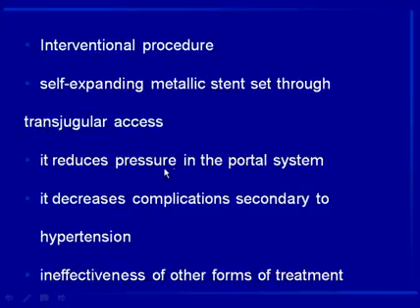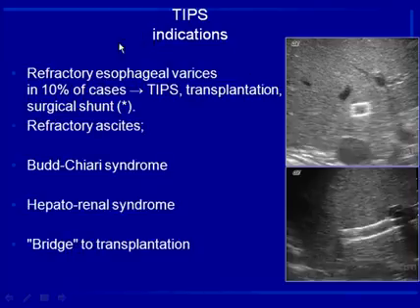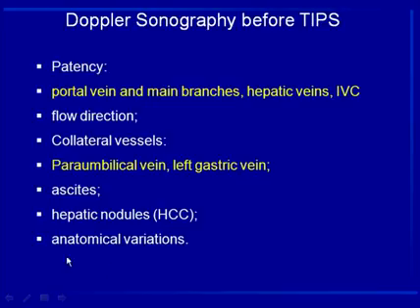It reduces pressure in the portovenal system, decreases complications secondary to hypertension due to the ineffectiveness of other forms of treatment. Indications: refractory esophageal varices in 10% of cases, refractory ascites, Budd-Chiari Syndrome, and as a bridge to transplants.